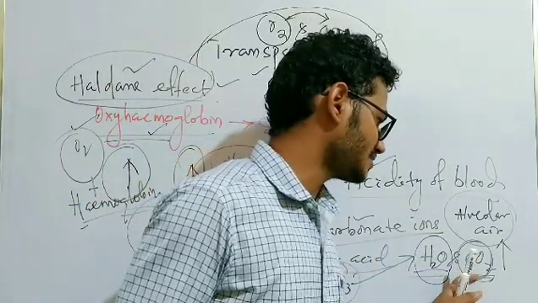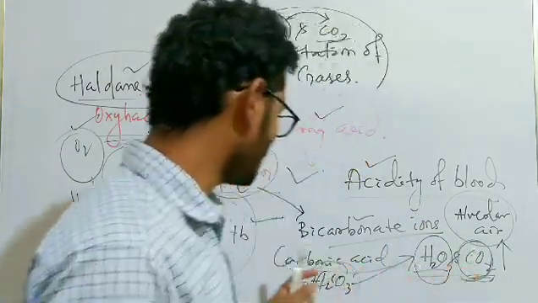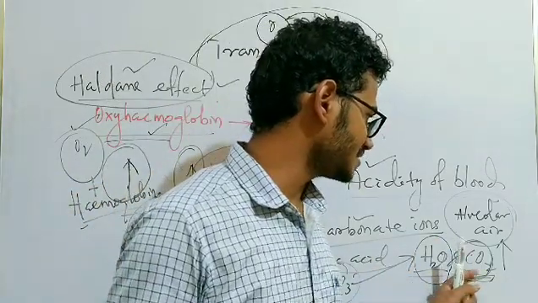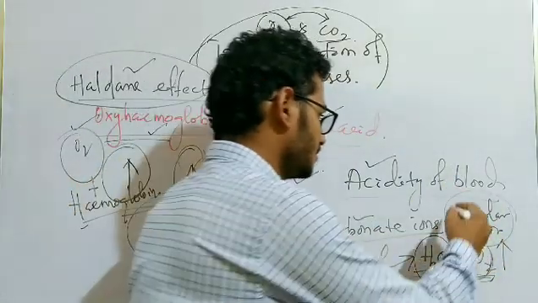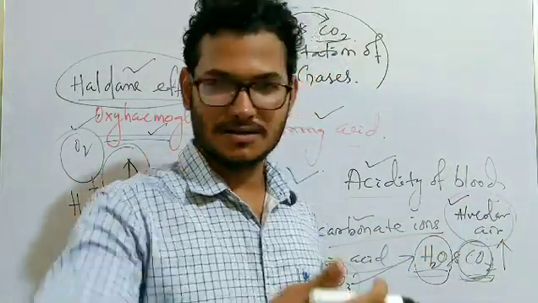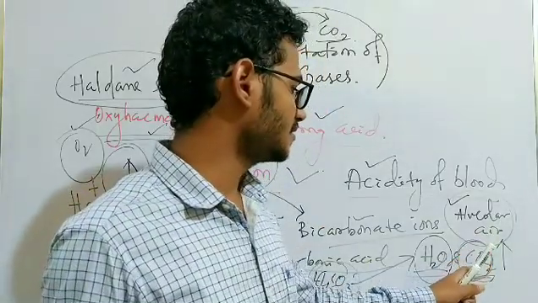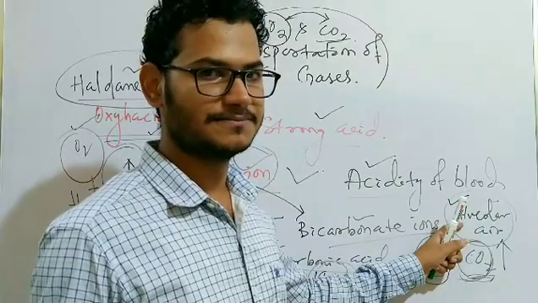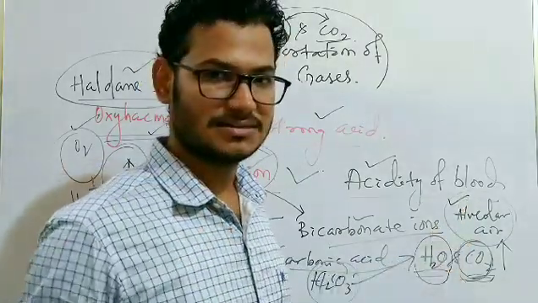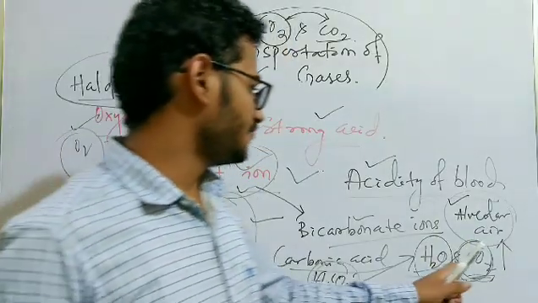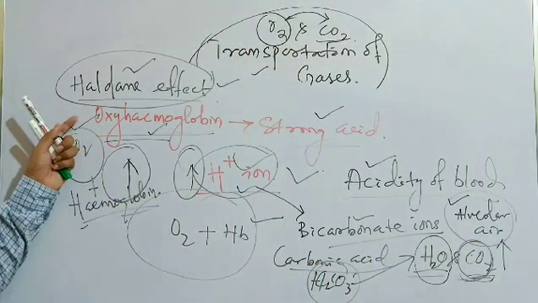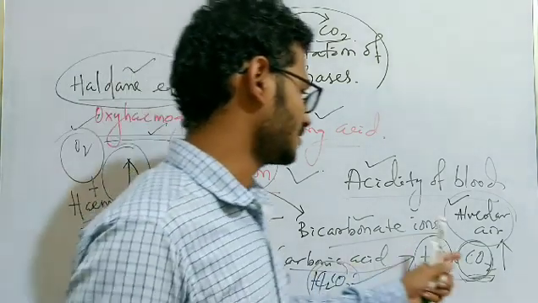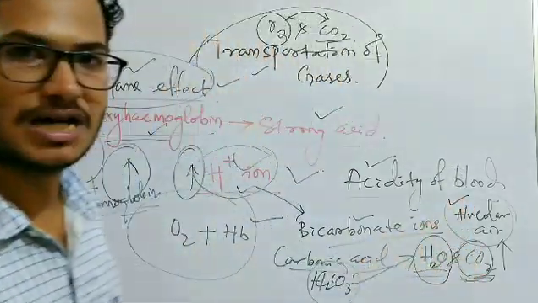This carbon dioxide is now diffused from its higher partial pressure, that is blood, to its lower partial pressure, that is the alveolar air or alveoli. And from the alveoli oxygen comes and binds to the hemoglobin, and as a result it gives hydrogen ion, which results in the release of carbon dioxide, which again diffuses to the alveoli.